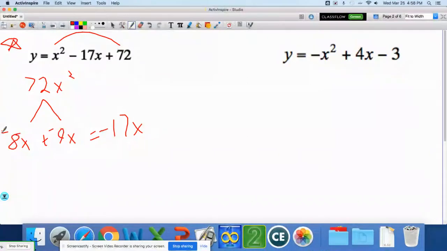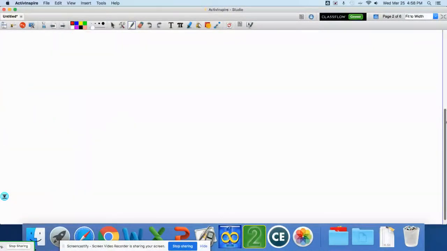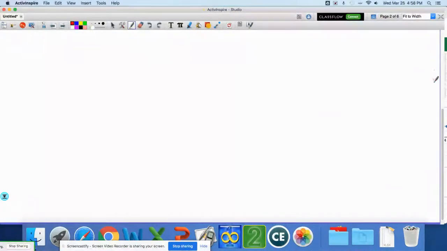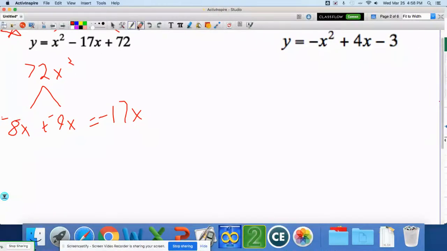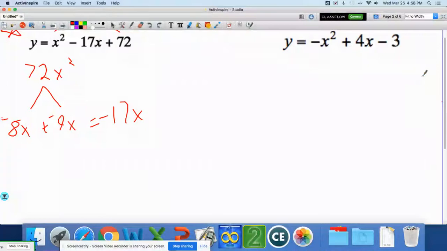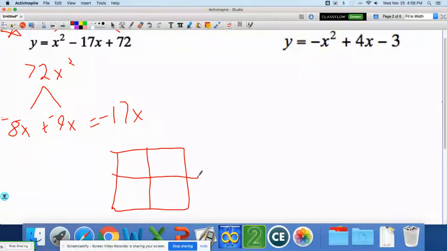Okay? Again, we're going fast because this is a review. Now we're ready to put everything into a box. So we draw our box. Our first term, x squared. Our last term, 72.